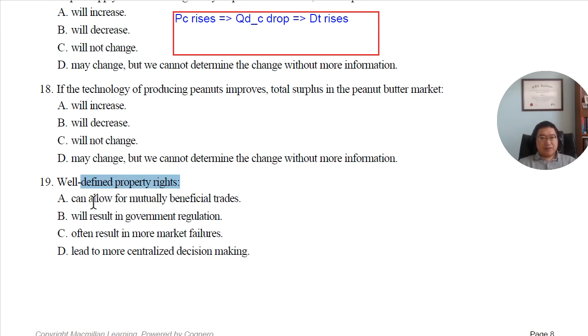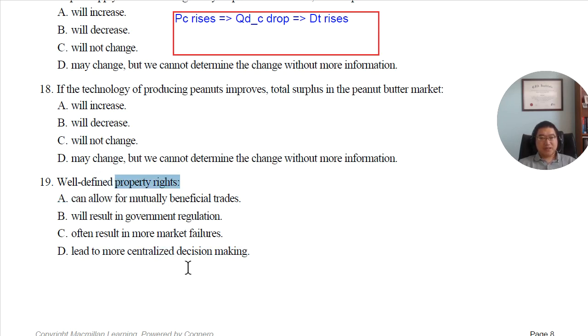Okay, D. Well-defined property rights lead to more centralized decision making. Actually, centralized decision making is like a centralized social planner, right? Decisions made from Washington rather than locally. What's going to happen is basically that will infringe on property rights.